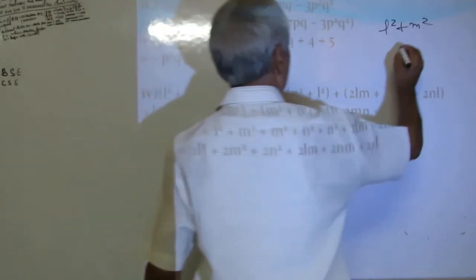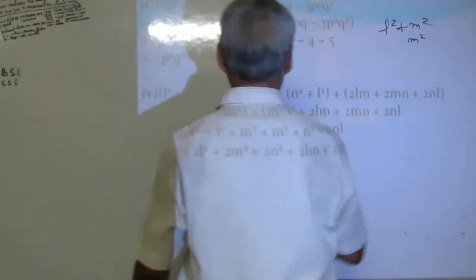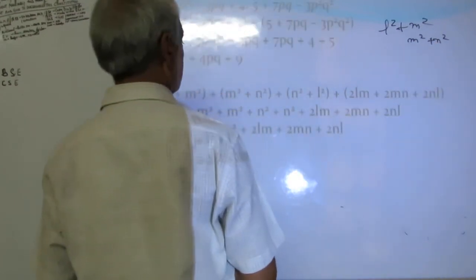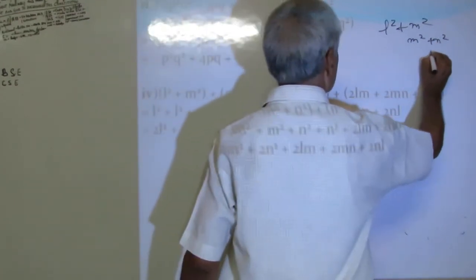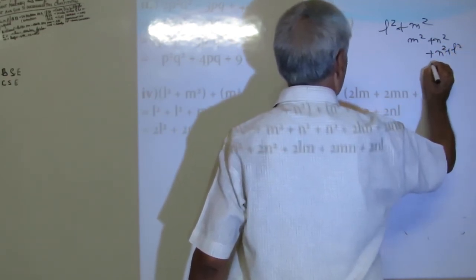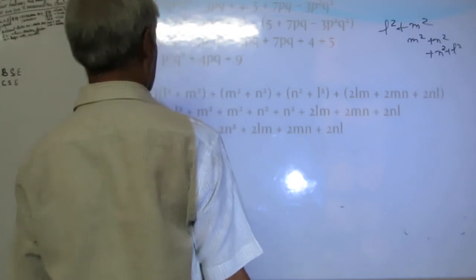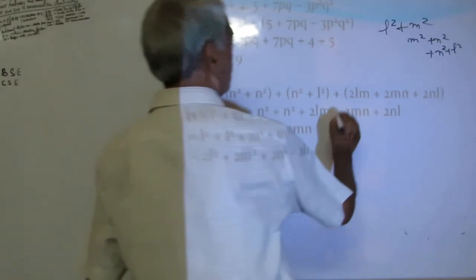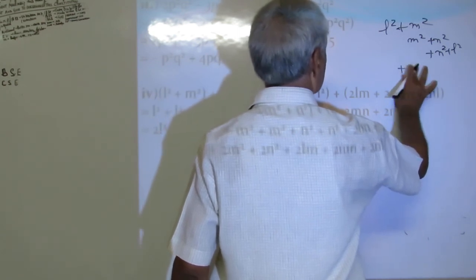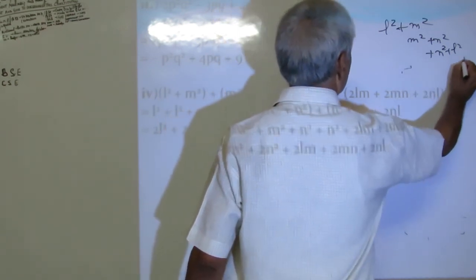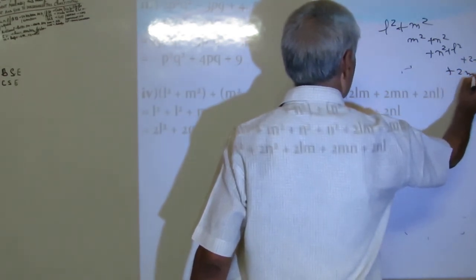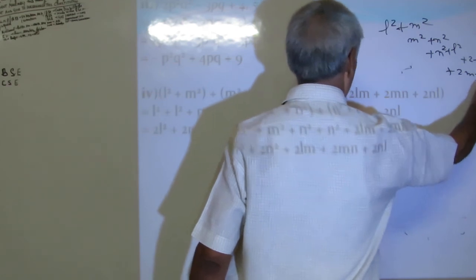Next is M square plus N square, and next is N square plus L square, and next is 2LM plus 2MN plus 2NL.